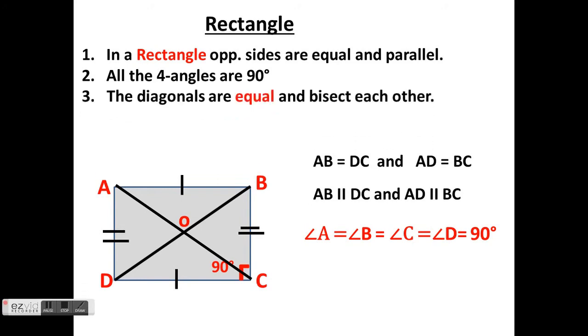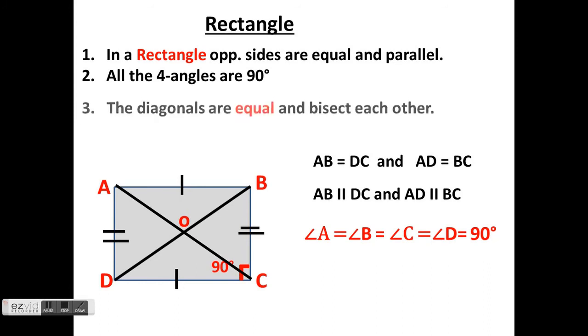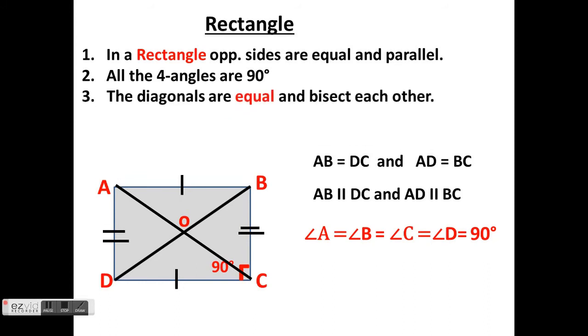Now about the diagonals. In a rectangle, both the diagonals are equal and they bisect each other. AC equals BD and AO equals OC. See the figure. AO equals OC and DO equals OB.